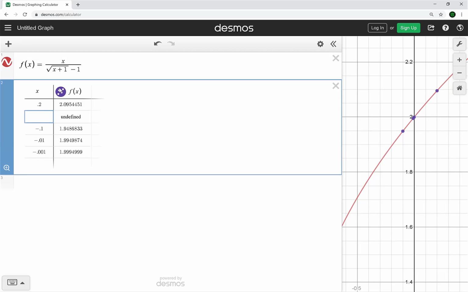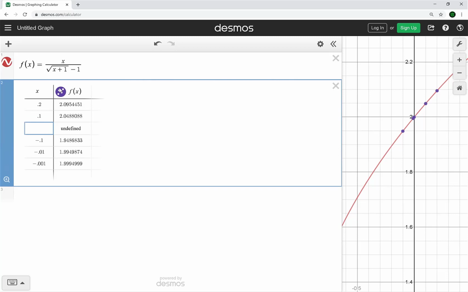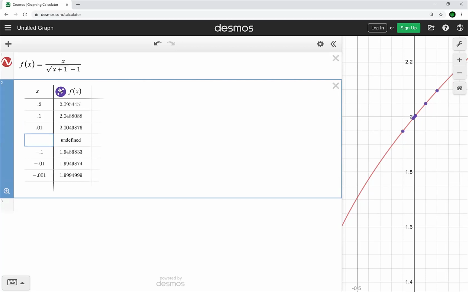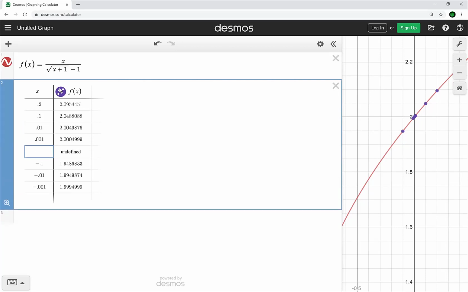And I know that you can already see what's happening, but just write down that number, guys. 0.1, enter. 0.01, enter. 0.001, enter. So write down those numbers, guys, and let me delete the others.